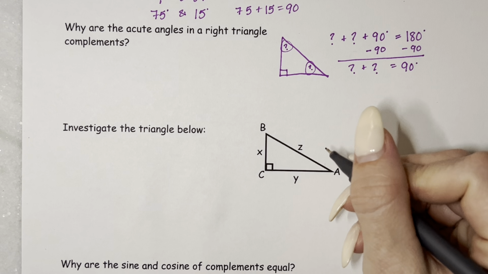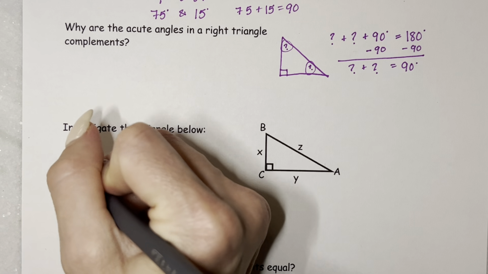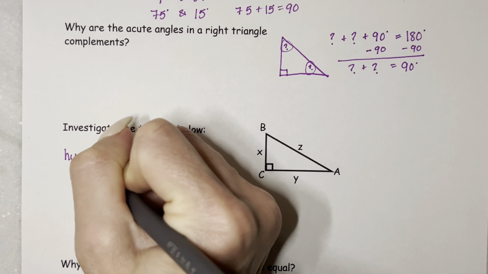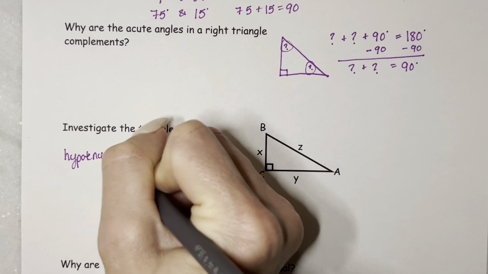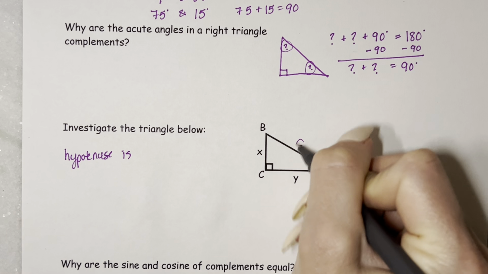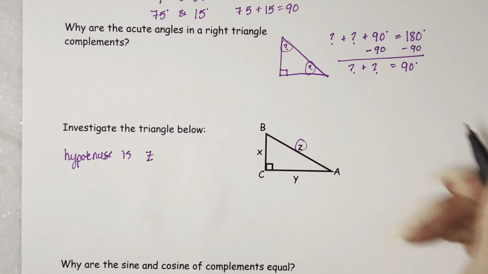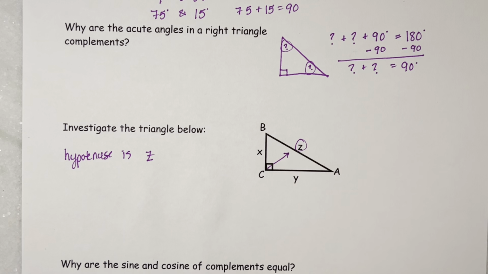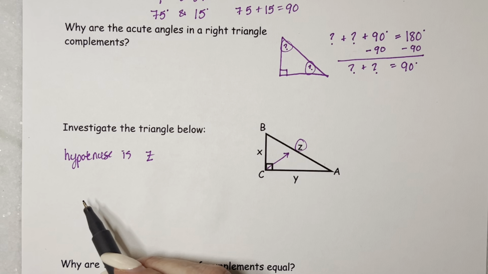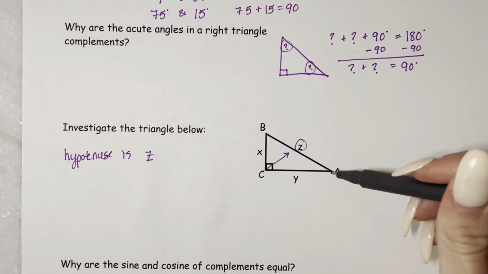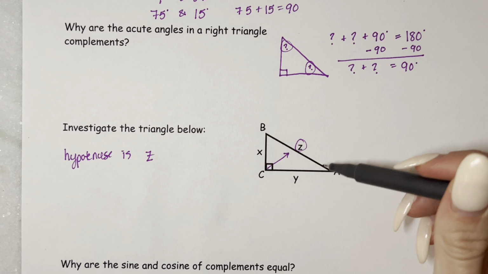So in this picture, the hypotenuse is Z, because it is across from the right angle. However, you wouldn't be able to just write a statement like that for the opposite side or the adjacent side, because the opposite side and the adjacent side are relative to what angle you're talking about.